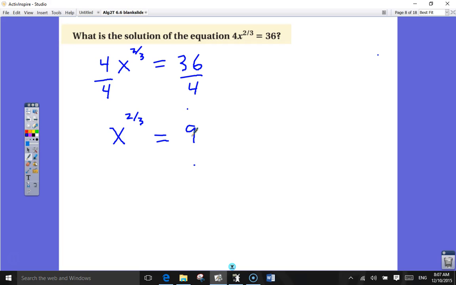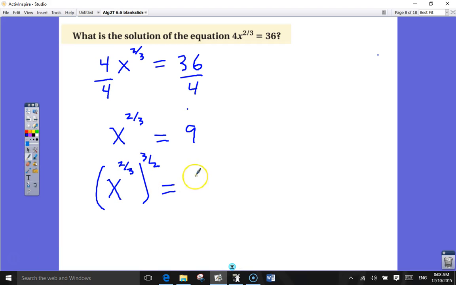Okay, so we've isolated the radical. Next step would be undo the radical, right? So if I'm raising something to the 2/3 power and I want to undo it, I raise it to the 3/2 power, because then when I multiply, I get 1. So now it definitely is raising to powers, x to the 2/3 to the 3/2. But if I'm going to do that on the left, I've got to do the same thing on the right.